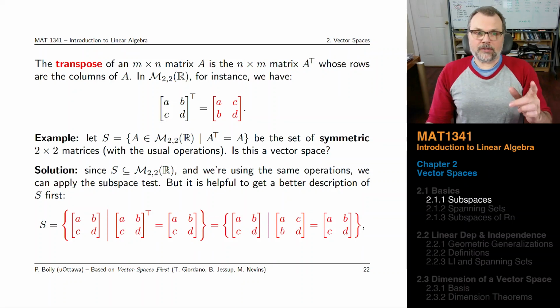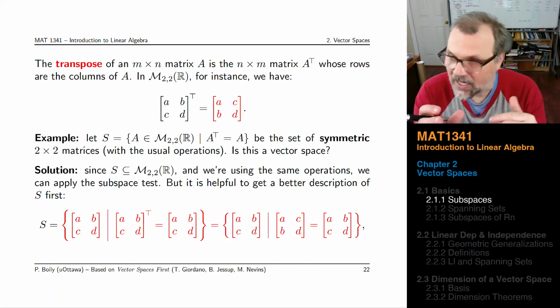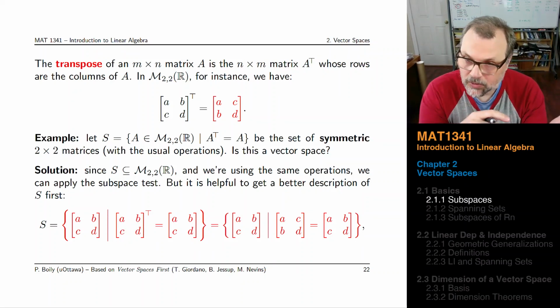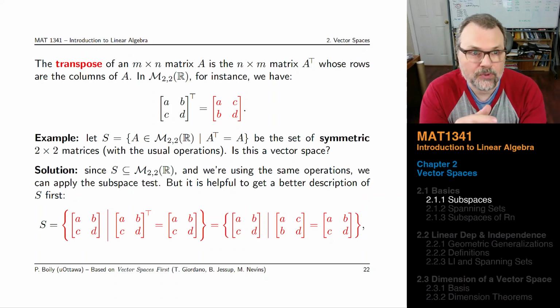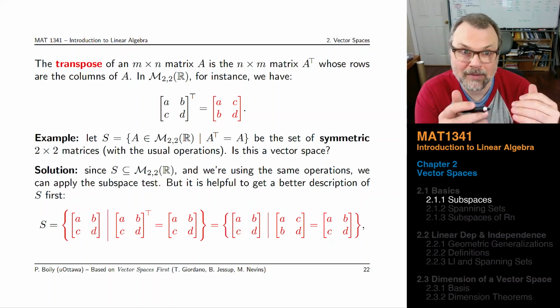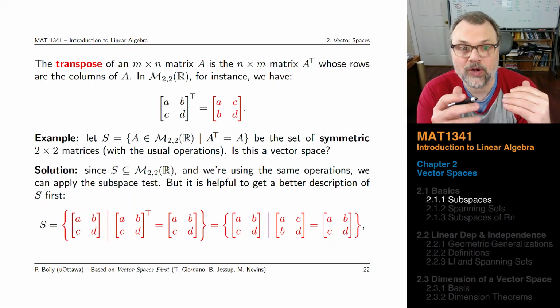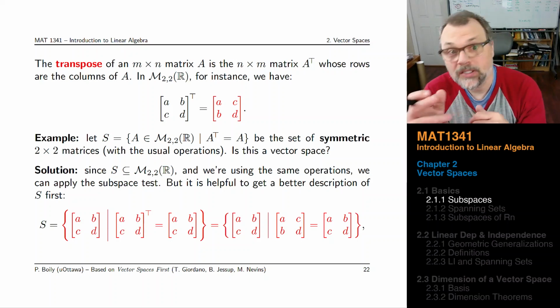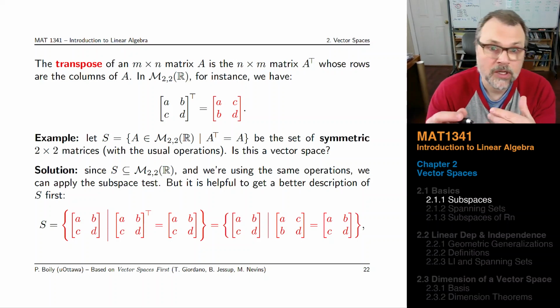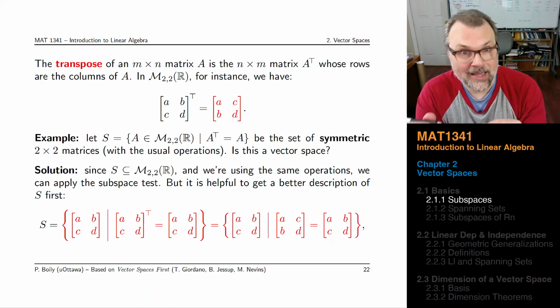The transpose of a matrix is obtained by just replacing the rows by the columns and vice versa. So if you start with an m by n matrix A, its transpose is going to be A transpose, an n by m matrix.